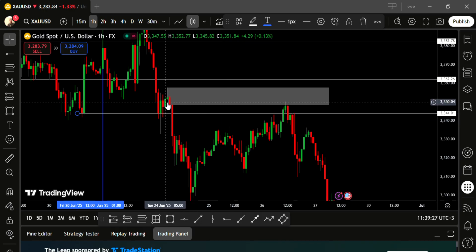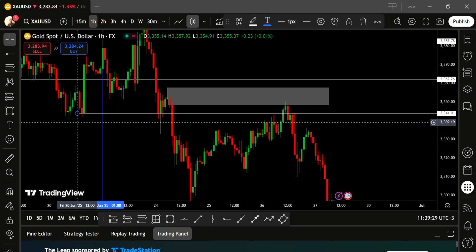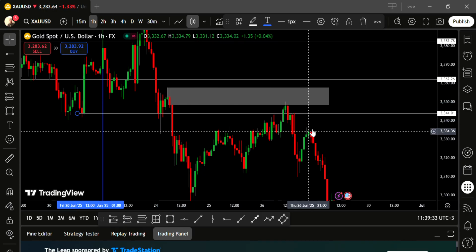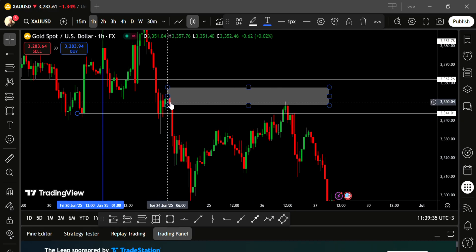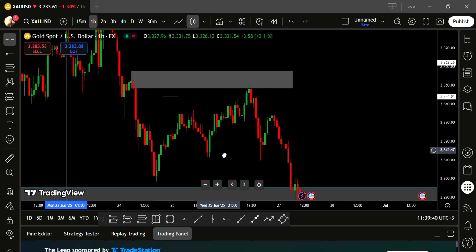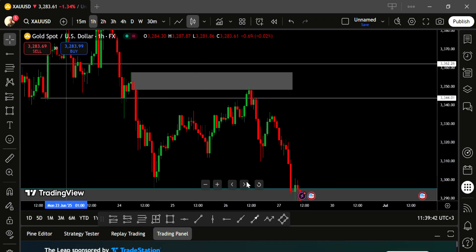So there was also support and resistance. If you see it very well, this is support, broken turns into resistance. So there was a demand zone, then there was support and resistance at that area. So that is the area I was willing to buy from. So I entered from there.